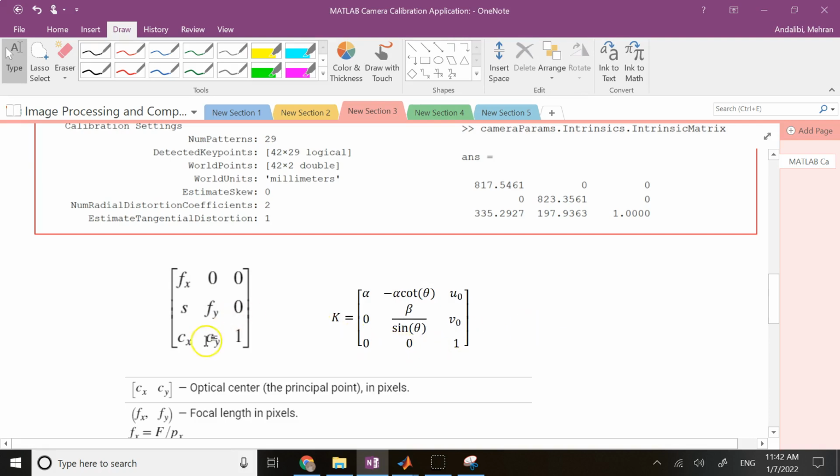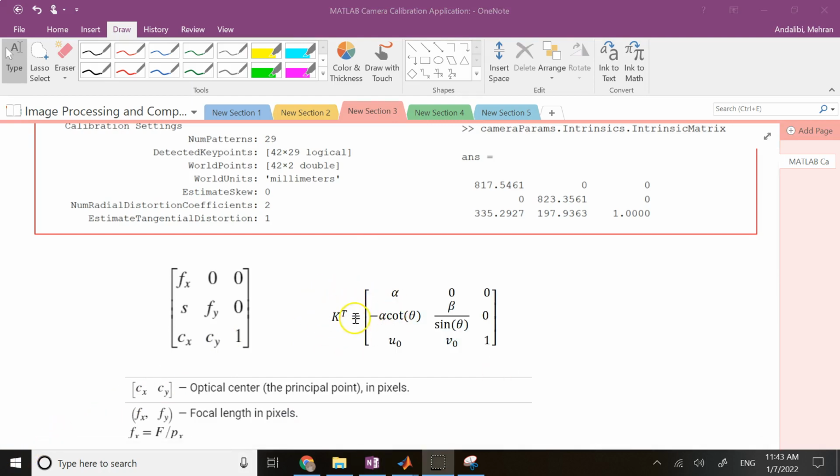So instead of u0 and v0 being elements 1,3 and 2,3, they are elements 3,1 and 3,2. Okay, so if I want to say K transpose here, what's it going to be? It is going to be like this, as you can see, right?